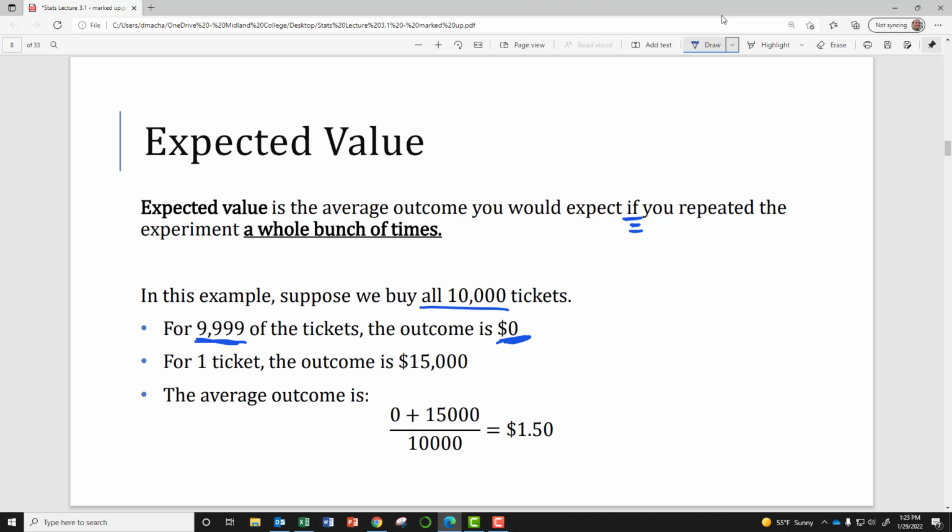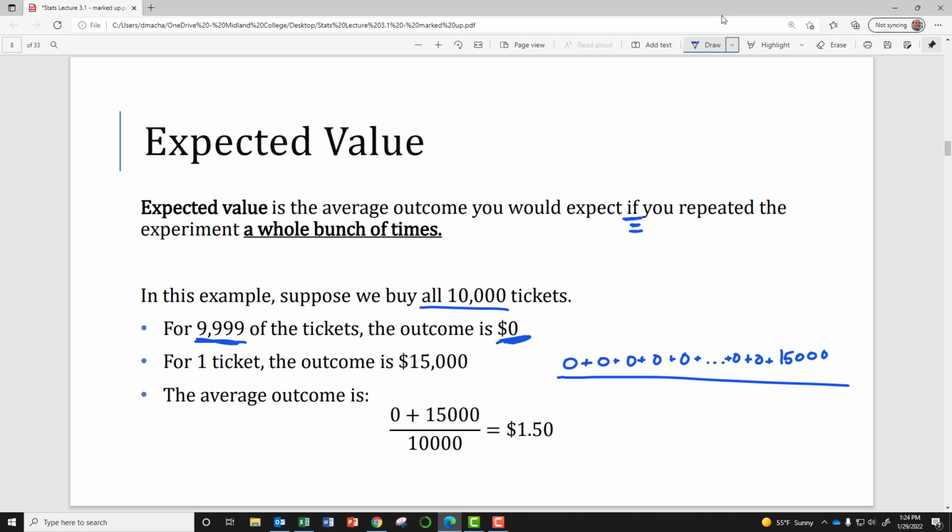And so if you wanted to calculate this average, what you would do is add up the value of each individual ticket. So that would be like 0 plus 0 plus 0 plus 0 plus 0, and you would add up 9,999 zeros. And then, once you added up all of those zeros, you would add up the ticket that is actually worth 15,000.